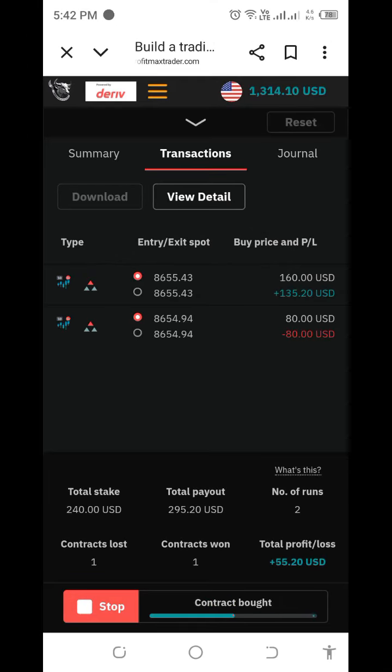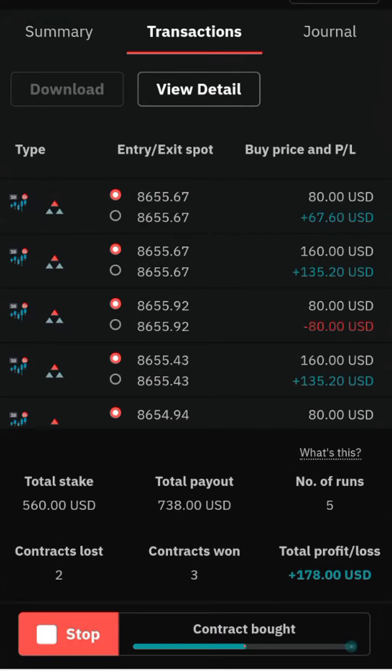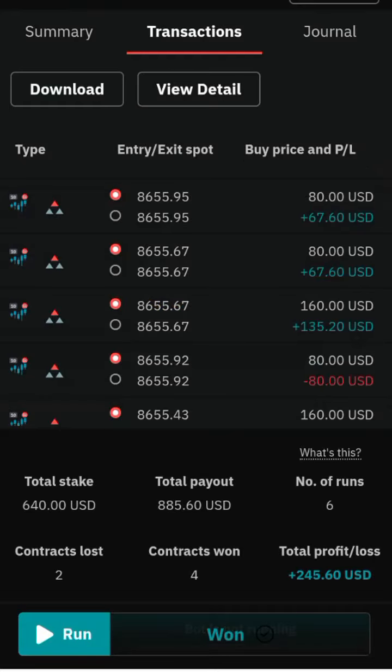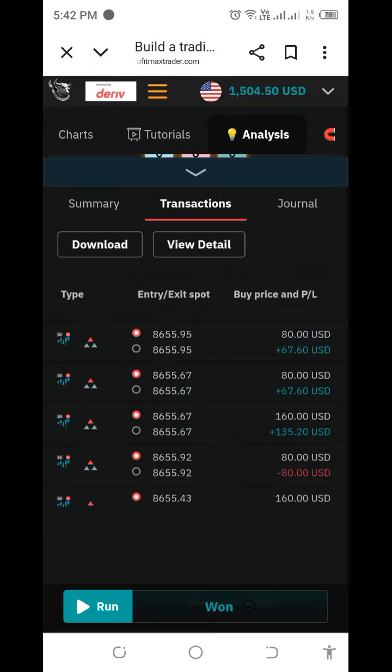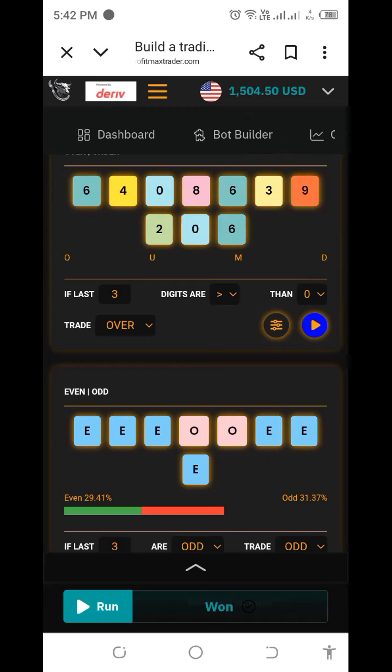And see our second, we recovered with $135 there, $80, $178, and boom, we've hit our take profit with $245, guys. Okay, so that is the advantage when you have some good capital, good strategy, good entry, good tools.